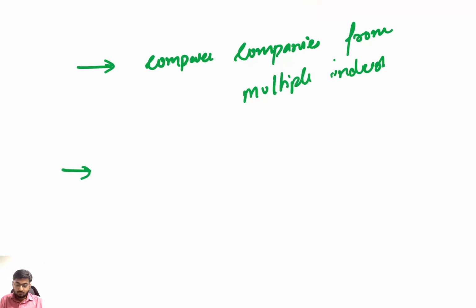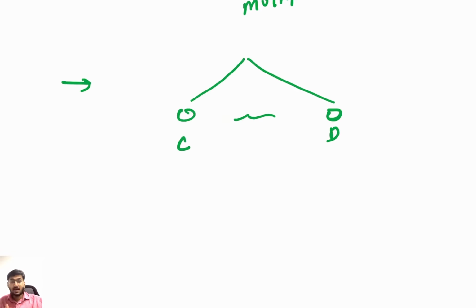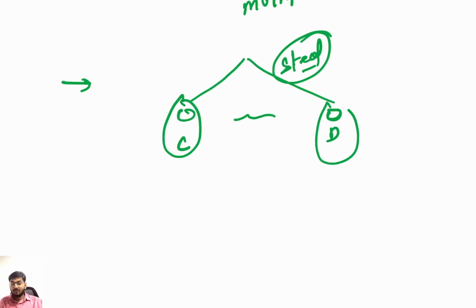Or suppose two companies operate at two different scales but in the same industry, that's also a possibility. Two companies C and D, suppose they are operating in the steel industry, but they both have a different type of business structure. Possibly, I'm giving you an example. Now you will see that C is more polluting compared to company D. Now you need to identify the reasons why C is more polluting.